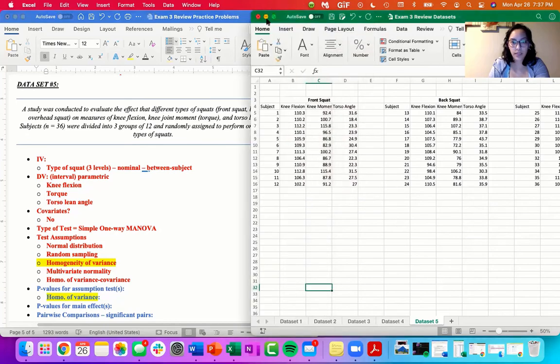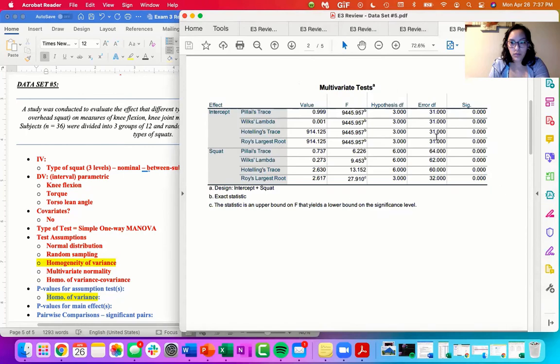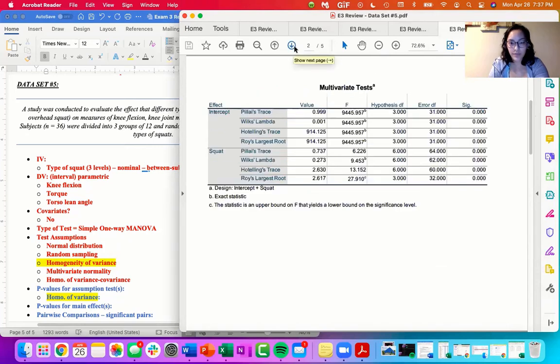Okay, let me get rid of this. So we can see we've got our MANOVA output. There we go. So we see our multivariate test. Remember, the F that is reported here is our omnibus F ratio, right?